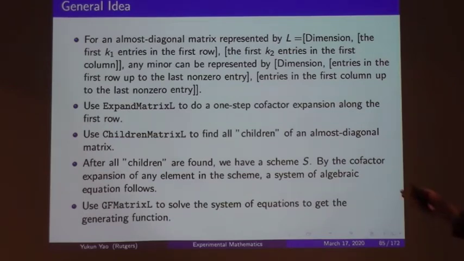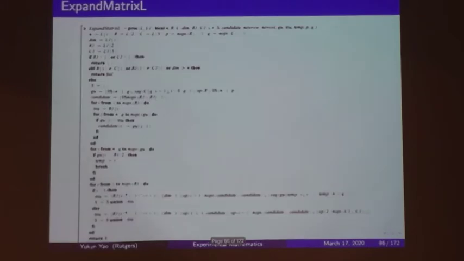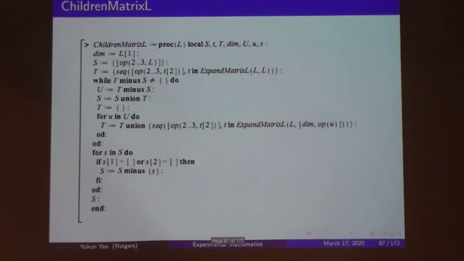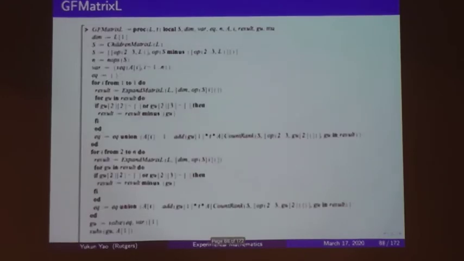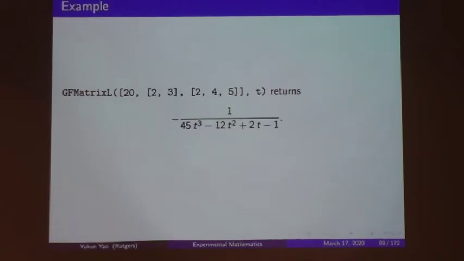Then we use another procedure, children matrix L, to find all children of an almost diagonal matrix. After all children are found, we have a scheme S. Then by the cofactor expansion of any element in the scheme, a system of algebraic equations follows. Then we just need to solve the system of equations to get the generating function. So here are our procedures, and here's the example.